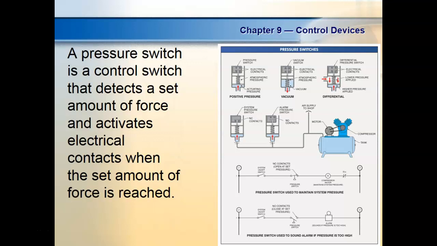It's just any pressure that's below atmospheric pressure is considered to be a vacuum. This guy measures both of them. What we can do here is we can actually set our limits.